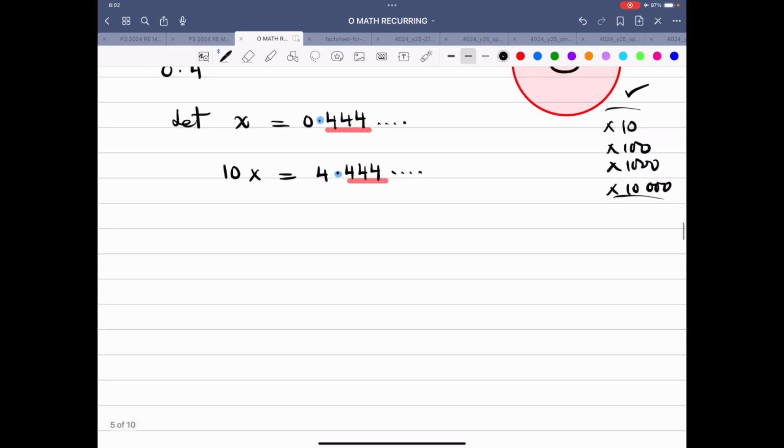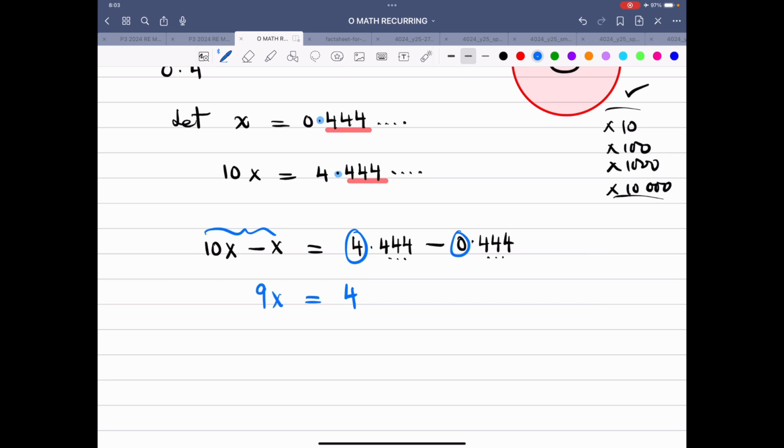Let's do the subtraction. 10x minus x equals 4.444 minus 0.444. Of course, this is repeated, so the repeating parts cancel out, and 4 minus 0 is 4, and 10x minus x is 9x. 9x equals 4.